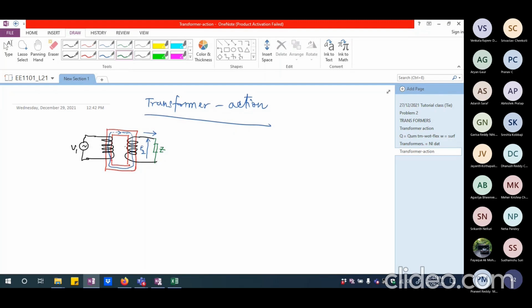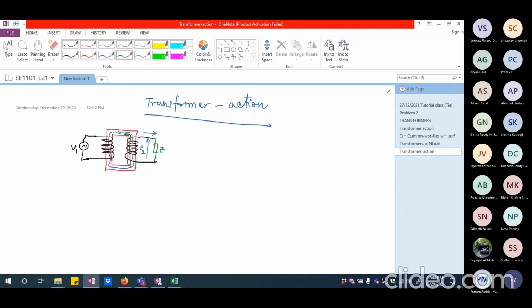So I should draw the flux induced because of this secondary side current exactly in the opposite direction to that of the original flux. If this persists, the original flux will be killed.